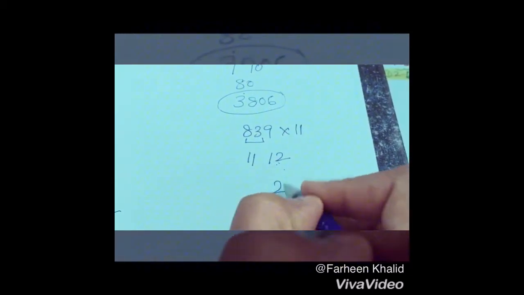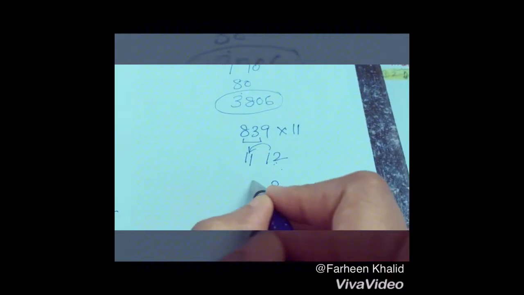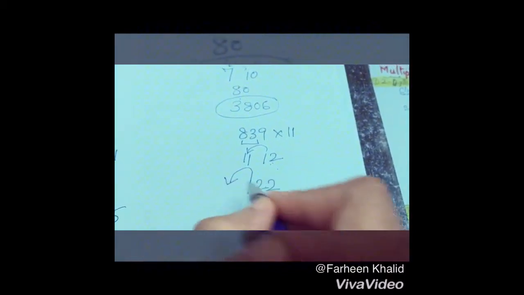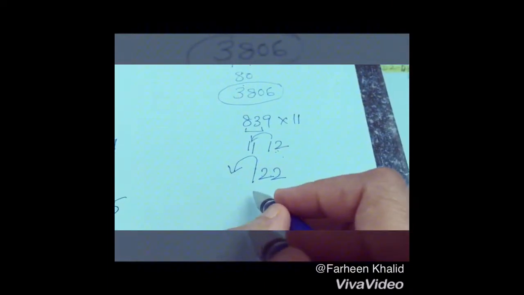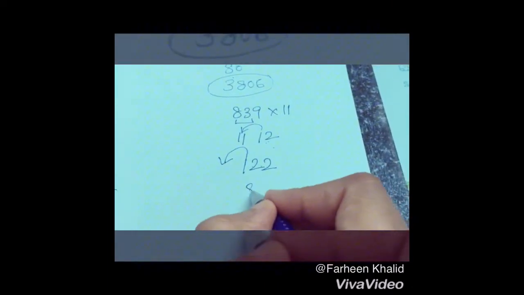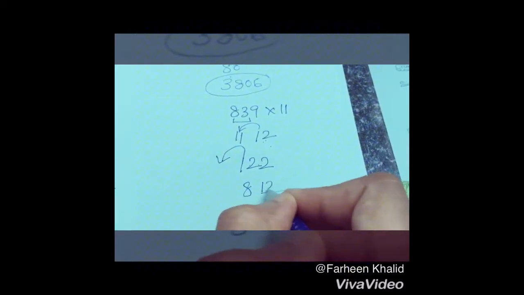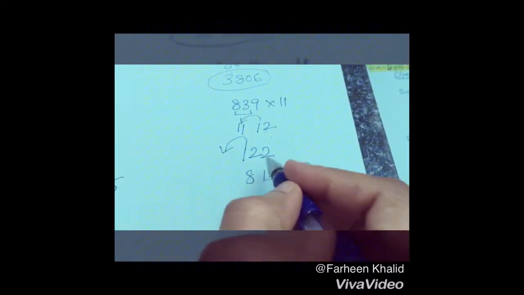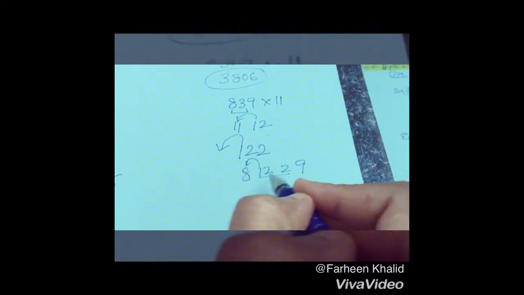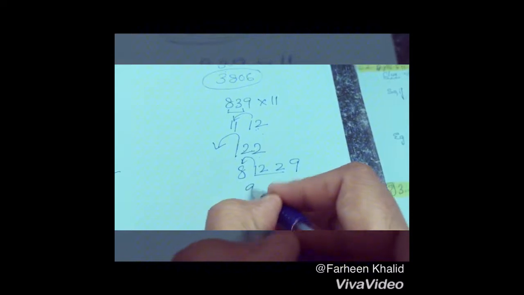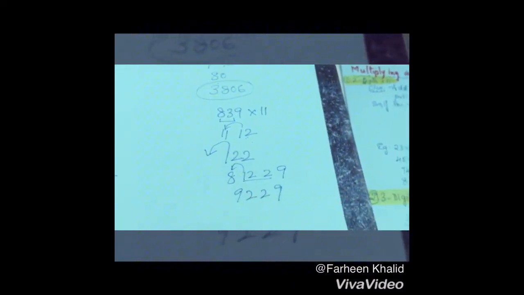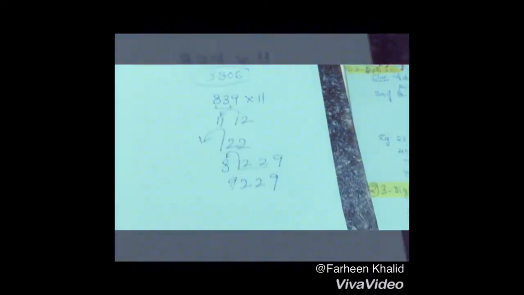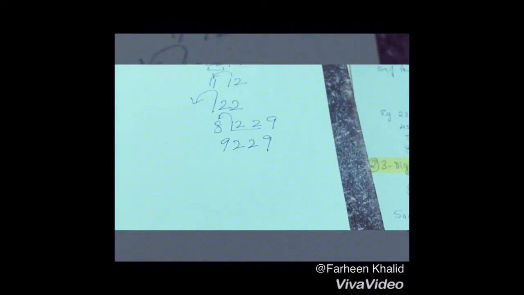We leave the 2 here and we carry over the 1, which makes it 12, but again the 1 from the 12 will be carried over to the first place digit, which is 8. So when you put the number like this, in between the 2 numbers you put this, obviously this 1 is going to be carried over here and added to the 8, so it becomes 9, 2, 2, 9. So whenever you get a 2-digit number here, you will just carry it over to the digit on the left. You add it to that.